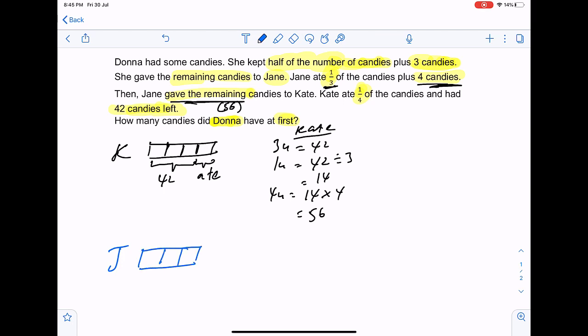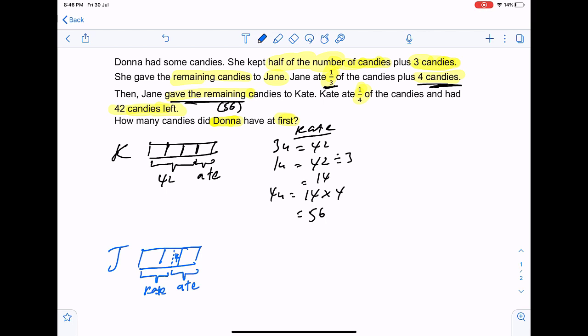And out of which she ate 1 plus another 4. So perhaps the 4 will be here. And this part is what Jane ate. And of course the remaining she gave to Kate.